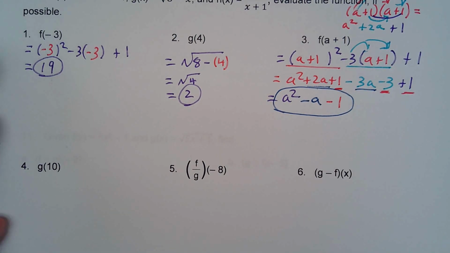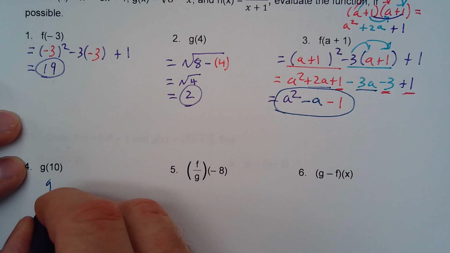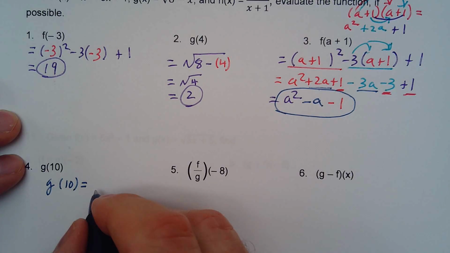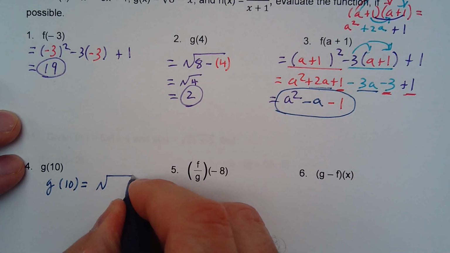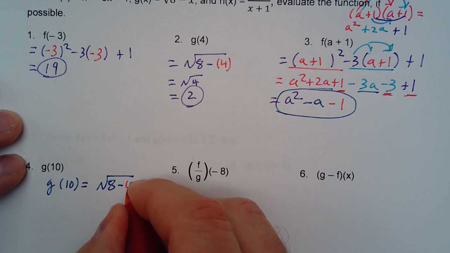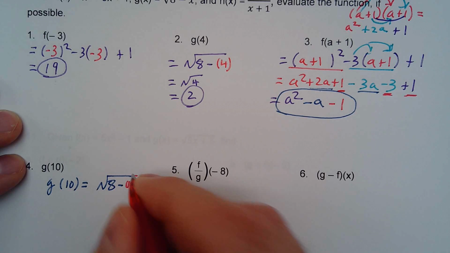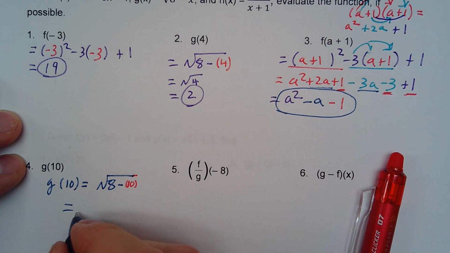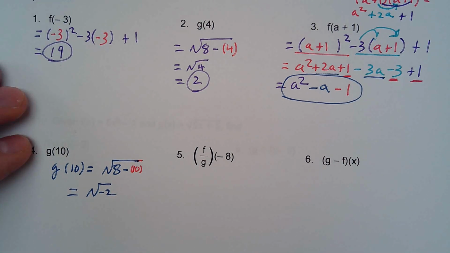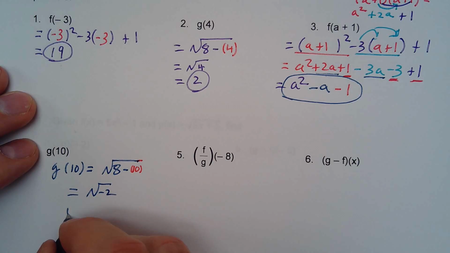All right, let's try number 4, g of 10. And so we're taking the square root of 8 minus, plugging in 10. That's going to give us the square root of -2. And that's undefined in the real numbers.